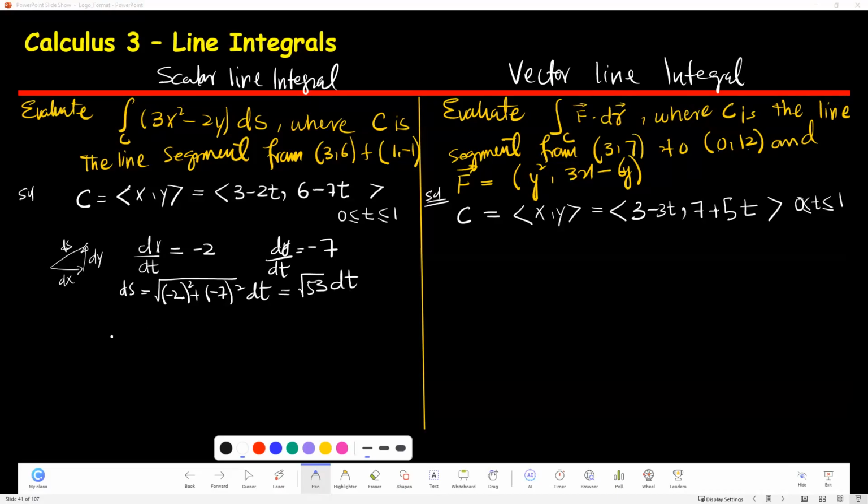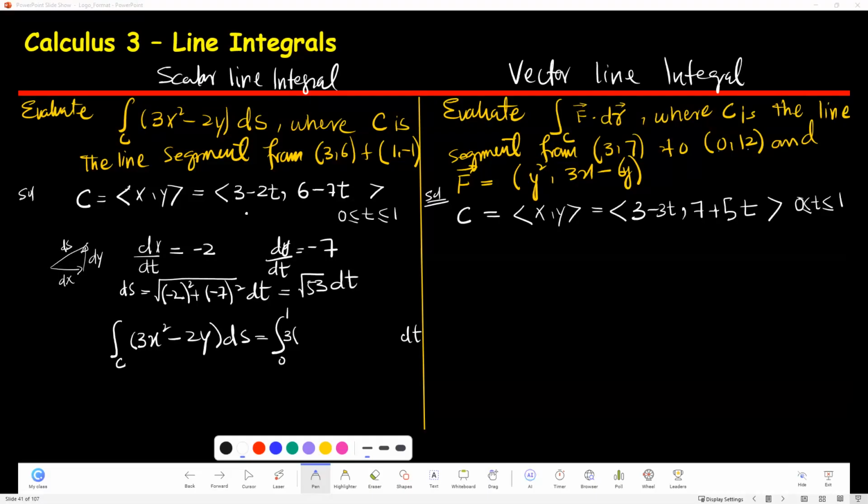So I'm going to write it like this: the integral over c of 3x squared minus 2y dx. I can also write it as the integral from 0 to 1, because it has this dt, and then I'm going to substitute.